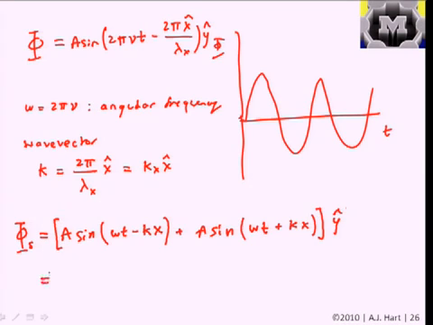And by sine and cosine relations, we can say this is equal to minus 2A times the cosine of omega t times the sine of kx.